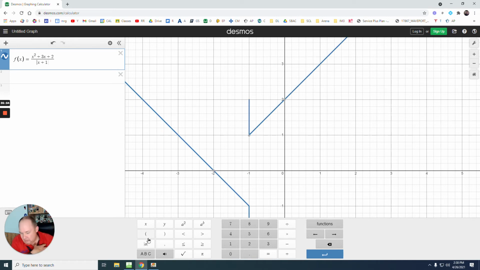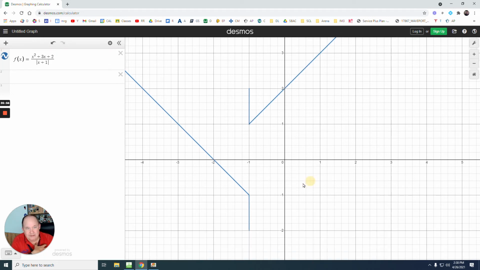And I want to know what the value is at -1. Notice at -1 there's a jump. So on this side and on this side, there's a jump in the graph at -1. The right is approaching +1 and the left is approaching -1, but there's a jump right there, so it doesn't exist because of the jump.